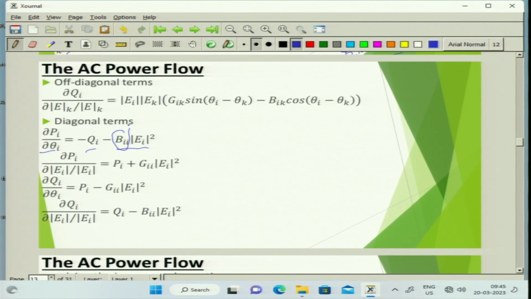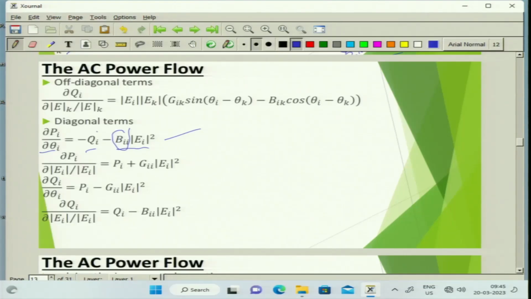Bii is nothing but susceptance, the sum of the susceptance present at that specific bus itself. These are all diagonal elements. That is why you see ii. If there is ik, then it is off diagonal. So for diagonal terms, we have found dou p by dou theta, dou p by dou e, dou q by dou theta, dou q by dou v. You get these expressions. If you do the partial differentiation, you will get them.